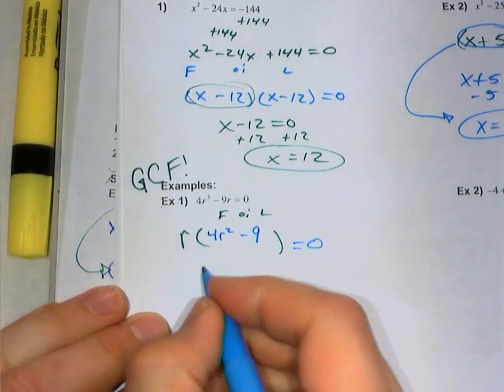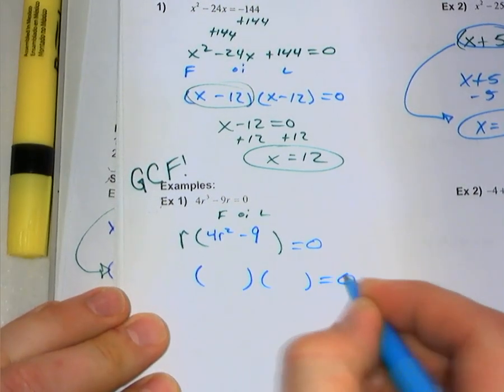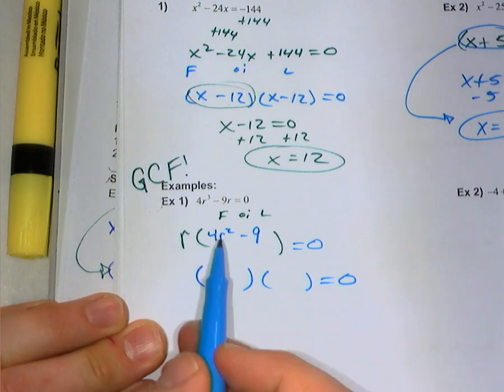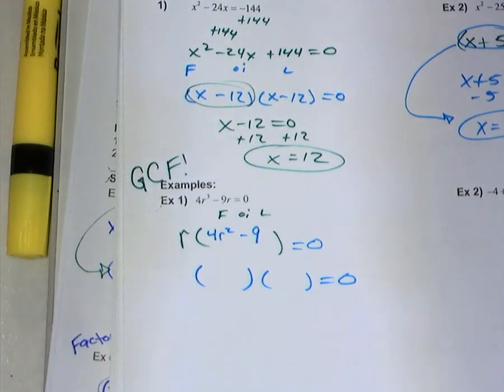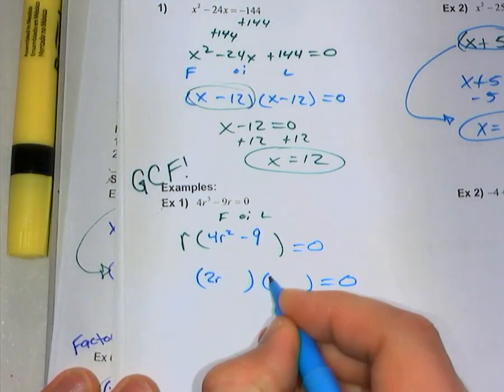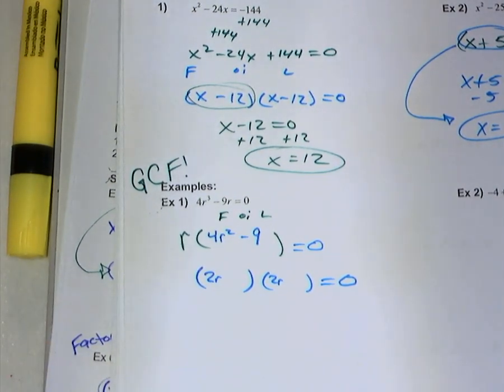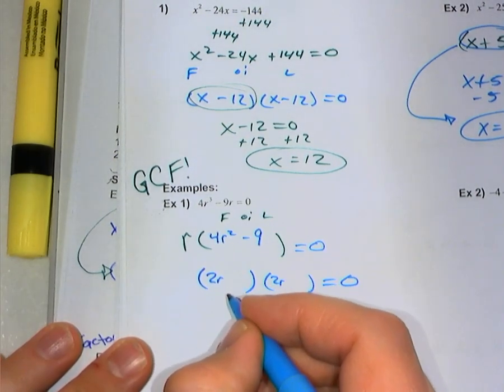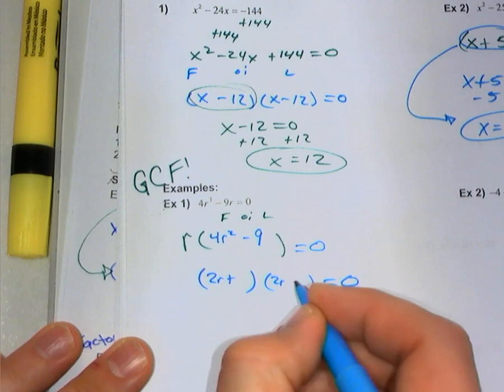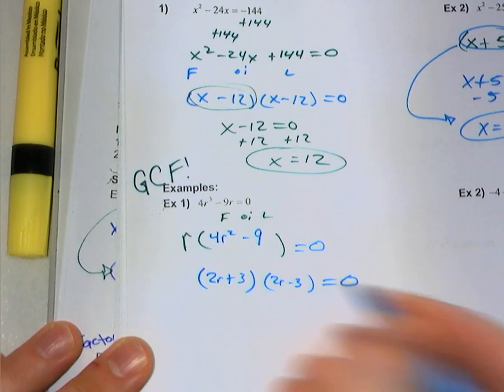What are factors of 4r squared that are exactly the same? Colton, what did you say? 2 and 2. So 2r and 2r. And now we have to come up with factors of -9. 3 and 3. And if it's factors of a negative, what do we know, Audrey? One's positive and one's negative. So +3 and -3.